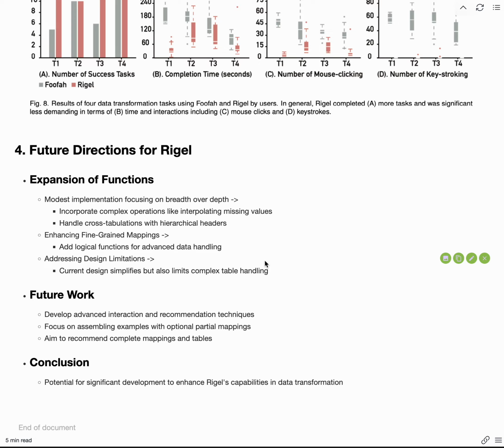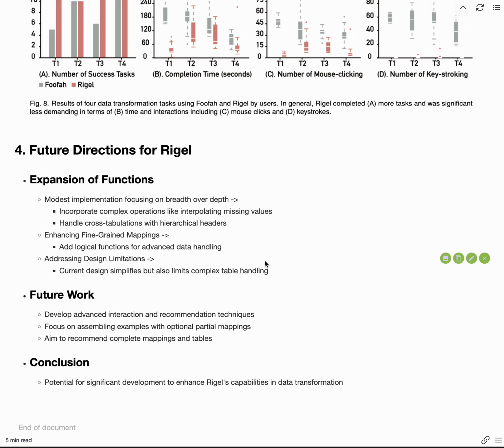So currently, Ringo employs a modest implementation focused on a broad range of data operations rather than exhaustive coverage. This fundamental work has shown the potential of the system, but also highlights areas for growth. One key area for future development is expansion of Ringo's functions.